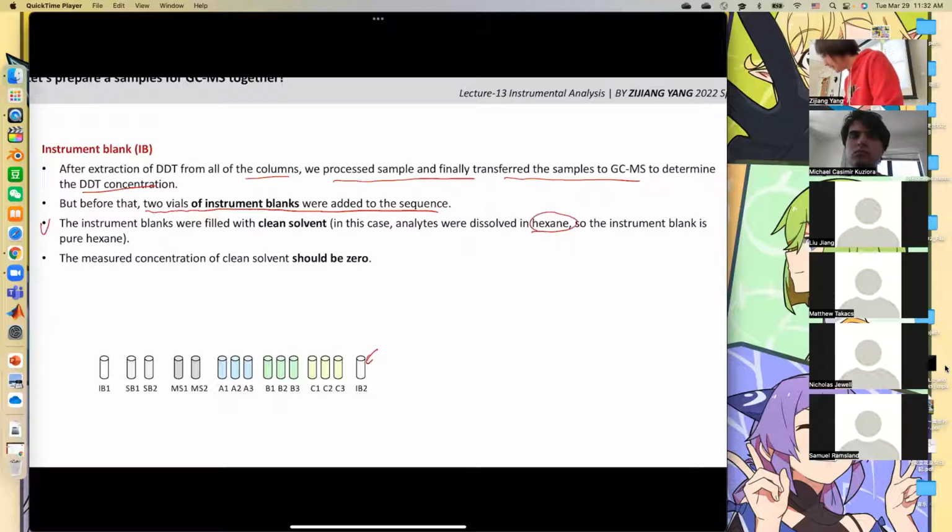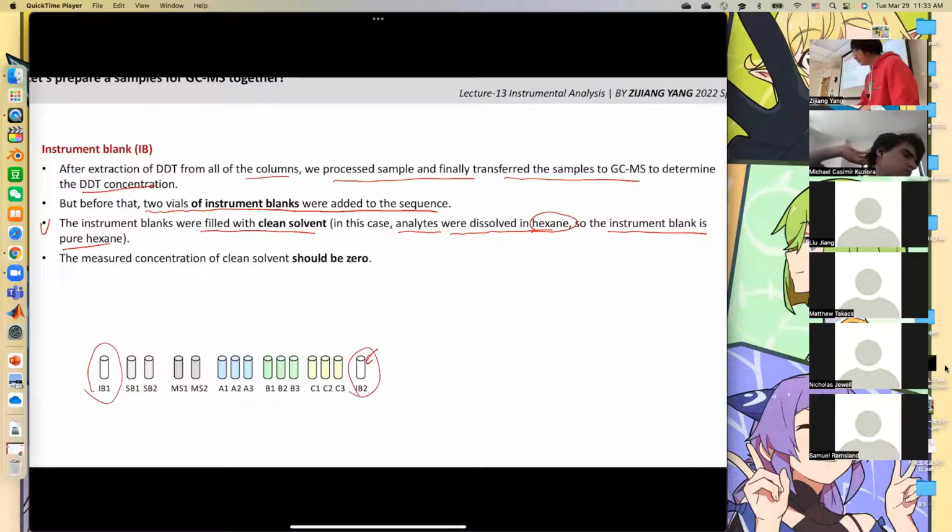So we can just see this one. The instrument blanks were filled with clean solvent. In this case, the analytes like DDT were dissolved in hexane, so the instrumental blank is the pure hexane, and we put the pure hexane here.